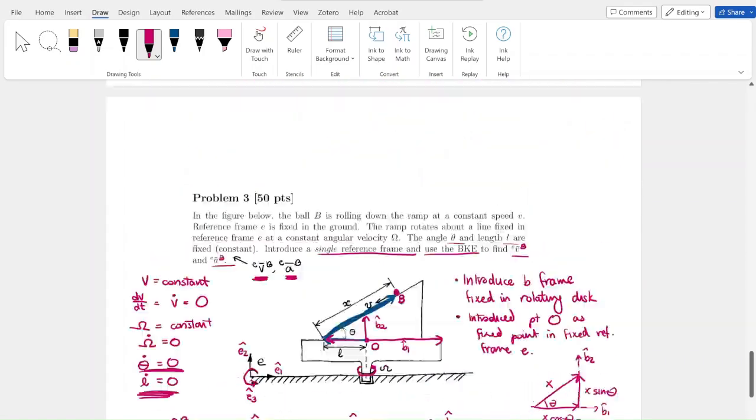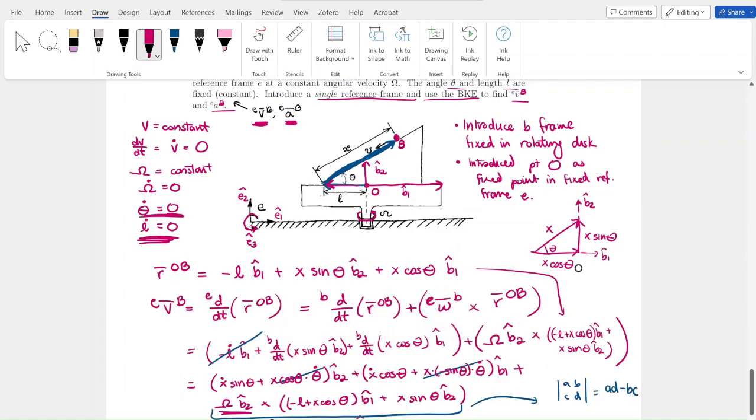Okay, so I have no room, so let me just add a new page real quick.